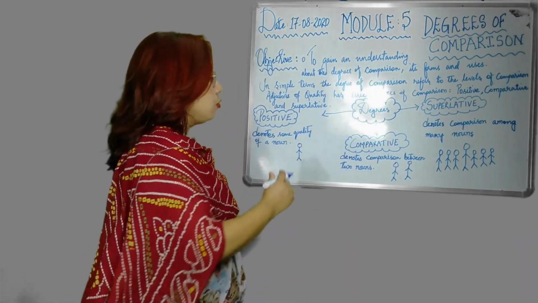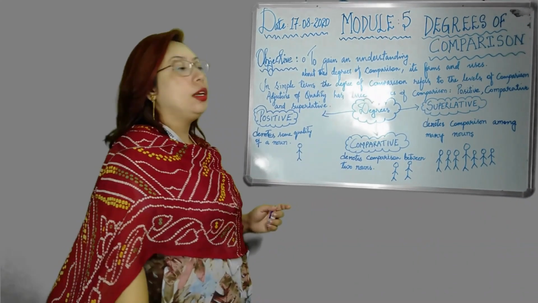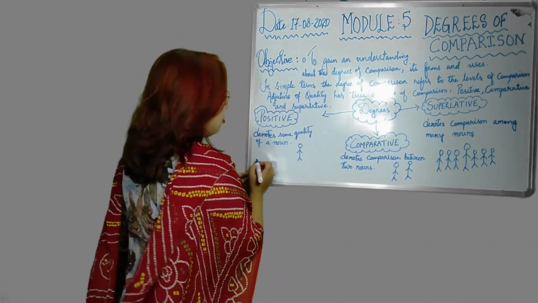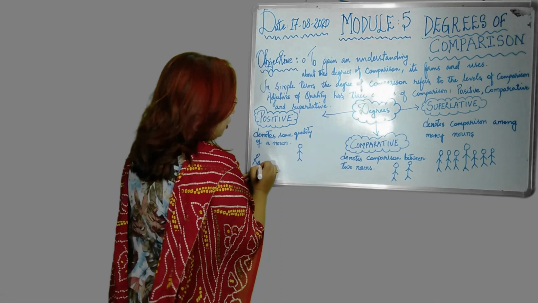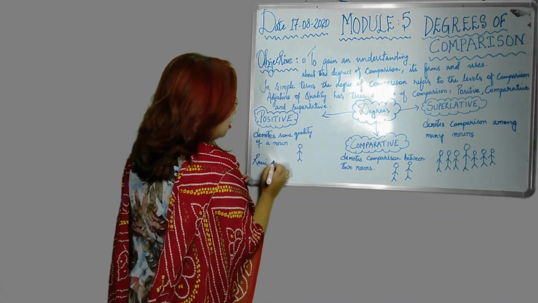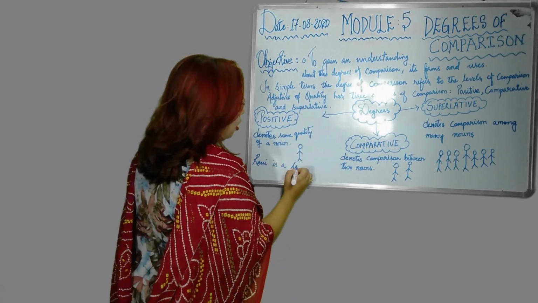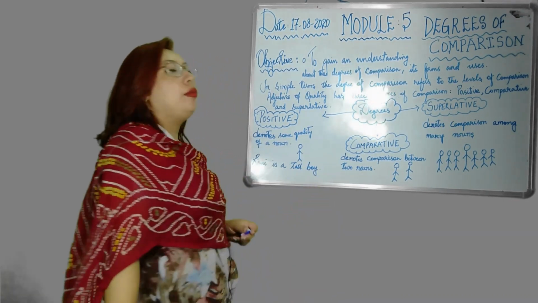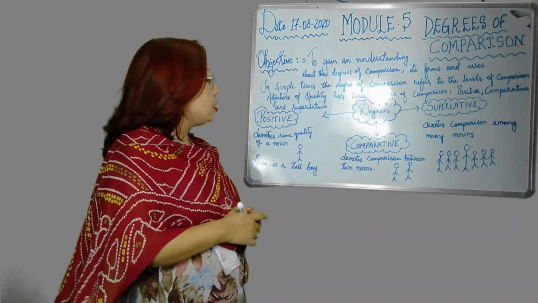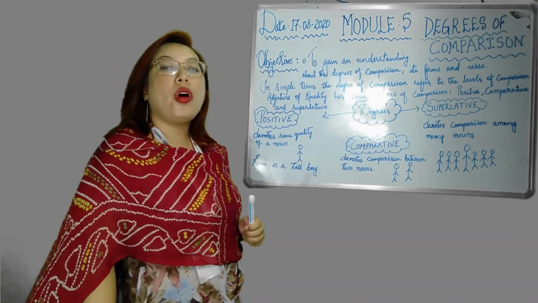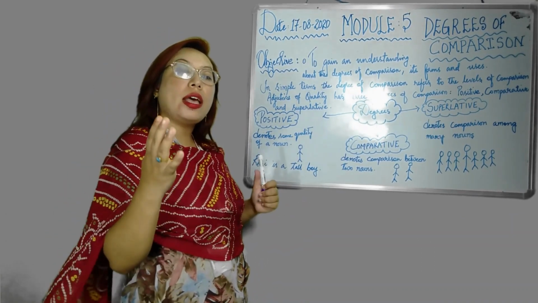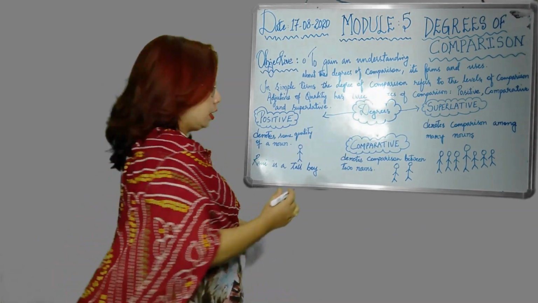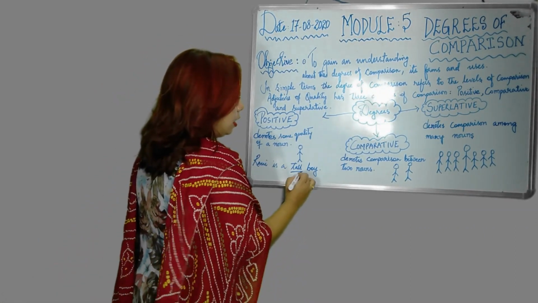For example, I've drawn a small picture over here. Maybe his name is Ravi. Ravi is a tall boy. Now let us identify the adjective over here, that is tall, right?